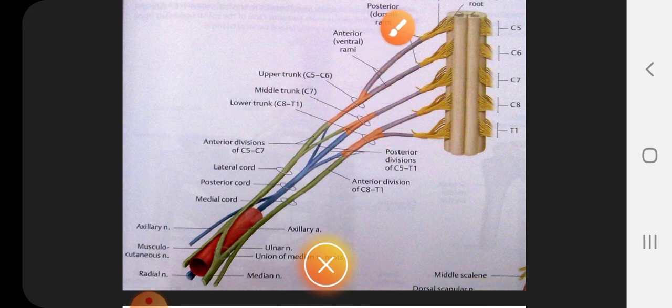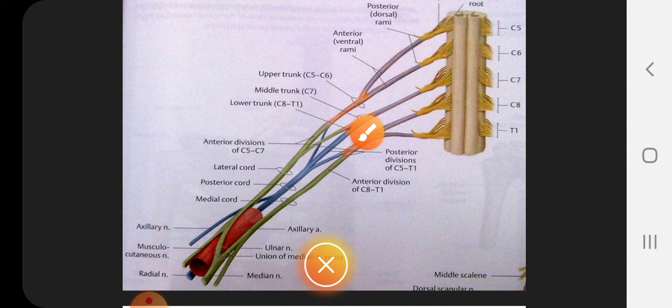The ones in grey color are the roots, and these form the trunks. C5 and C6 join together to form the upper trunk. C7 remains as it is. C8 and T1 join together to form the lower trunk.